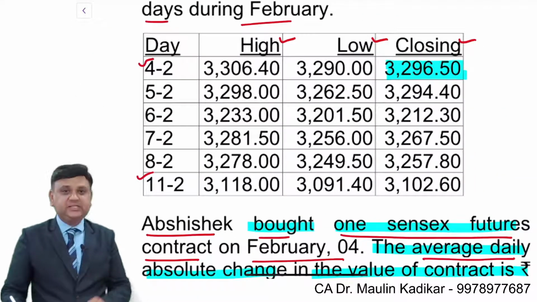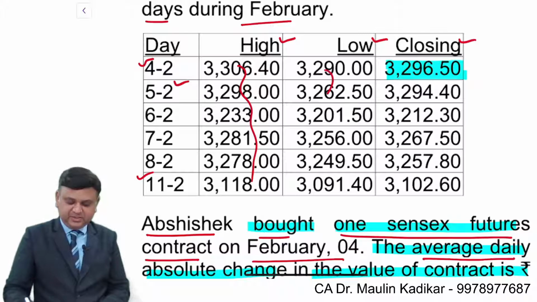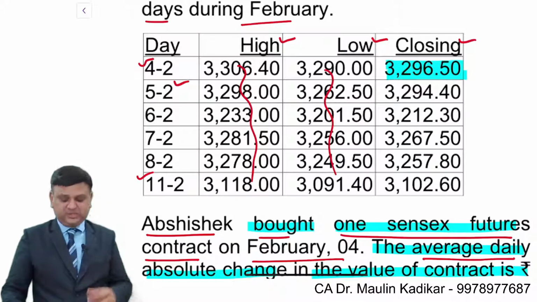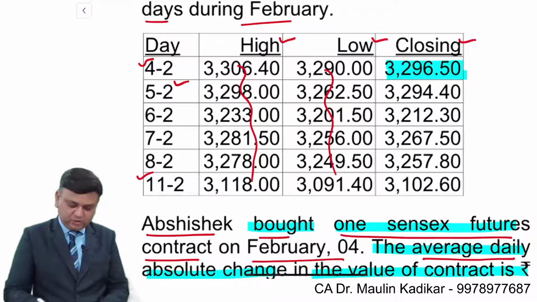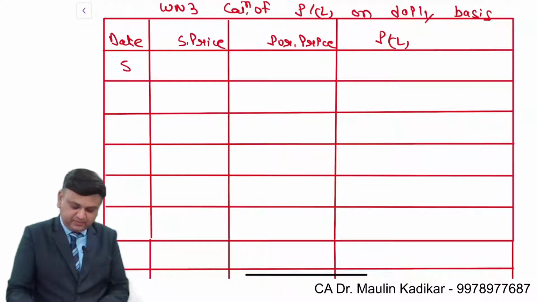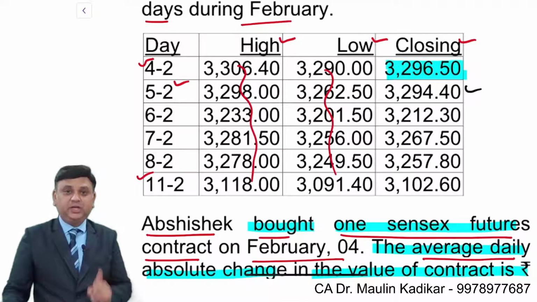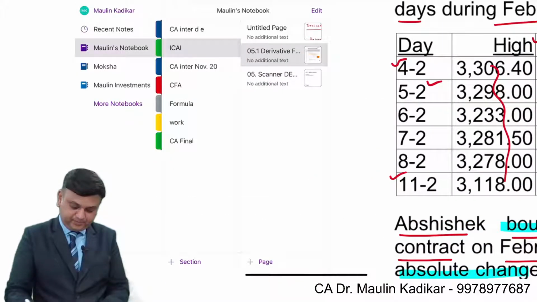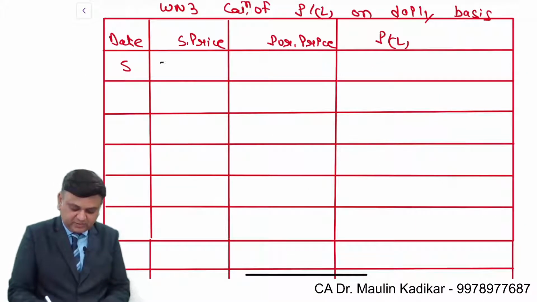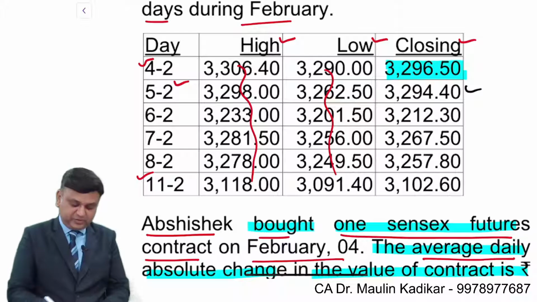We can start with the 5th onwards. The high price and low price information are of no use to us. Only the closing price information is relevant for us. So we start with the 5th. What is the closing price of the 5th? 3294.40. Write the answer along with me. 3294.40. What is the purchase price? 3296.50.